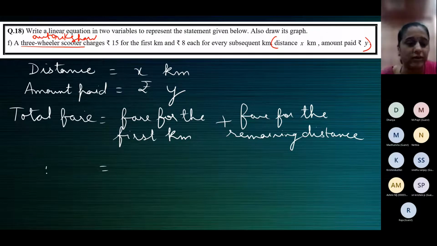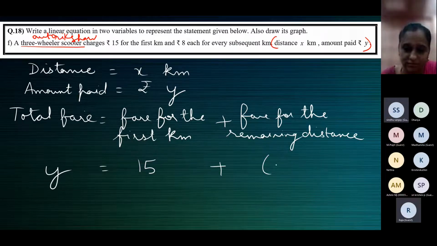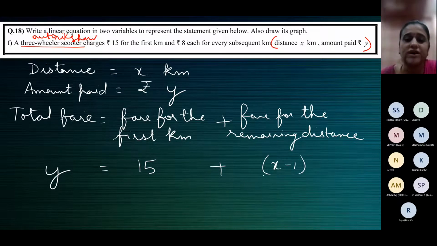The total fare is Y. Y is equal to, what is the fare for the first kilometer? 15, ma'am. 15 plus, what is the remaining distance? X minus 1 is the remaining distance. Into, and what is the fare per kilometer for the remaining distance? Rupees 8. So 8 into X minus 1.